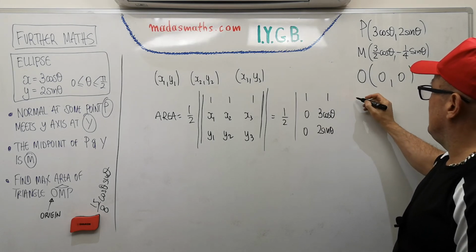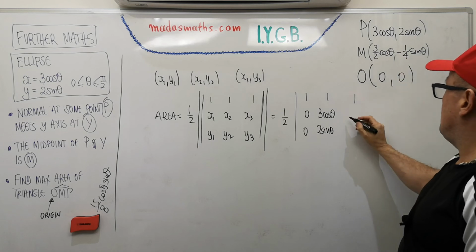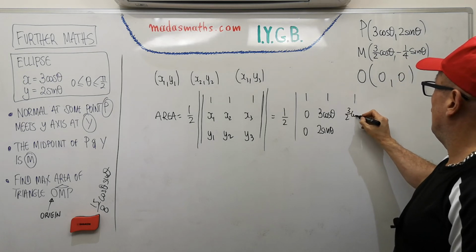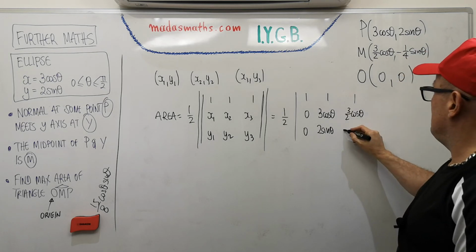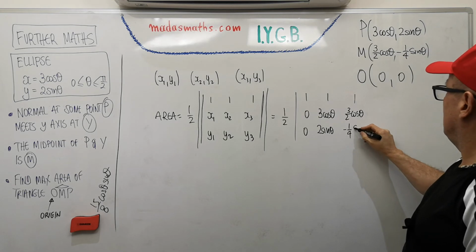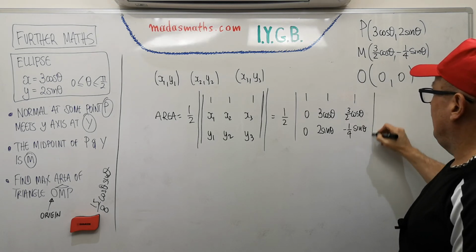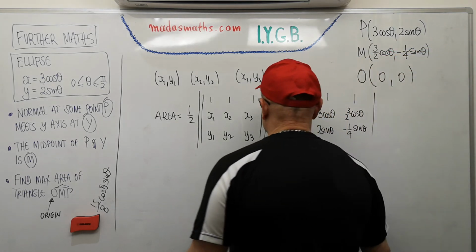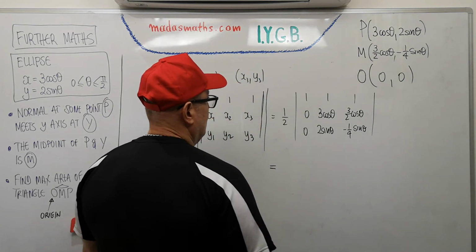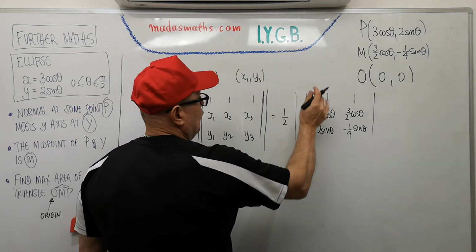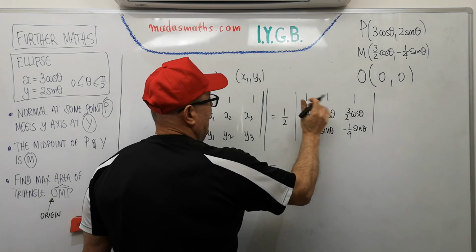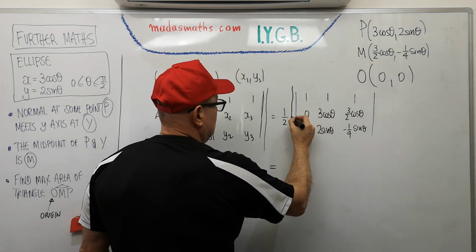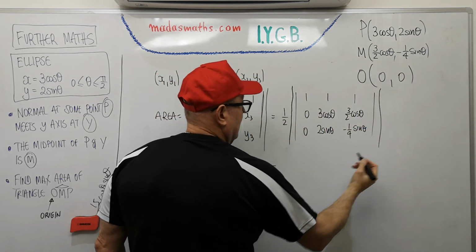Let's make a little bit more room, 1 there. And the other point is 3 over 2 cos theta and minus 1/4 sine theta. That's what the coordinates are. And let's compute this determinant and see if indeed we're going to get the answer that we're expecting. And of course, if that turns out to be a negative quantity, I need to mod it.